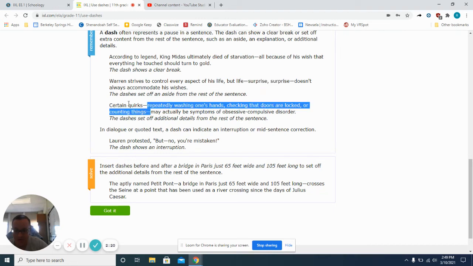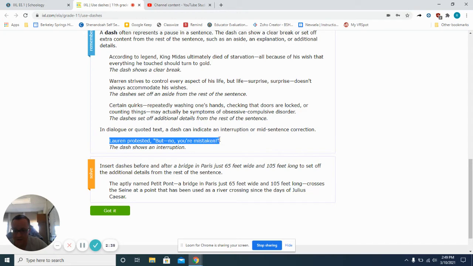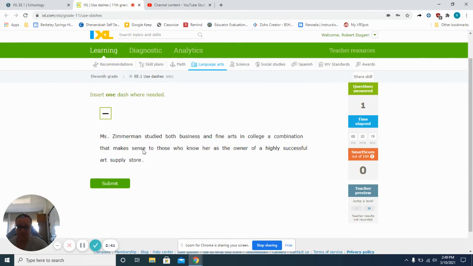If I read the sentence without this part that I've highlighted, the sentence still makes sense. If it doesn't pass that test, then you might have your dashes in the wrong place. And then finally is an interrupter in dialogue. So let's do a couple examples together here.